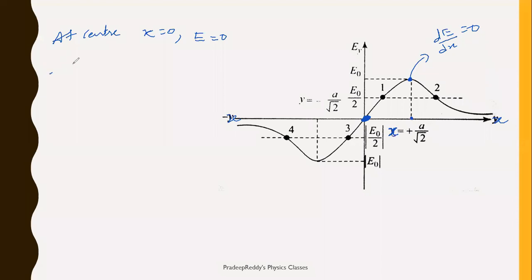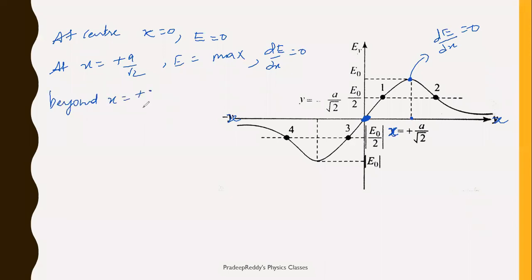So at x is equal to plus a by root 2, E is equal to maximum, so that means dE by dx is equal to 0. Beyond x is equal to plus a by root 2, E decreases. E goes on decreasing. From here, you can see that E is decreasing.